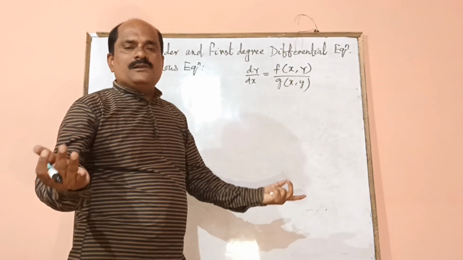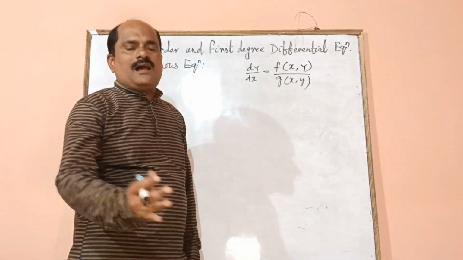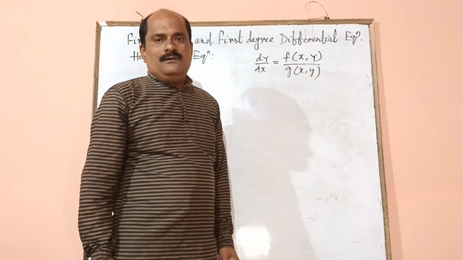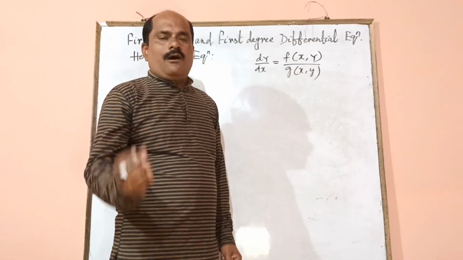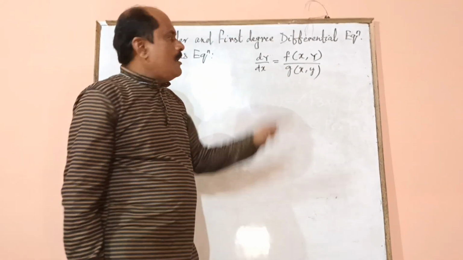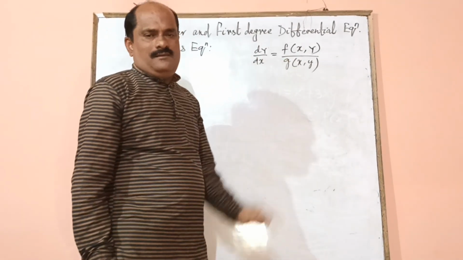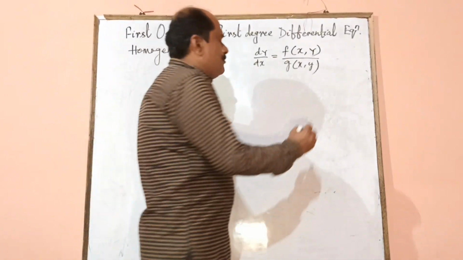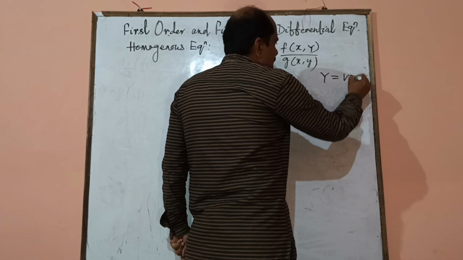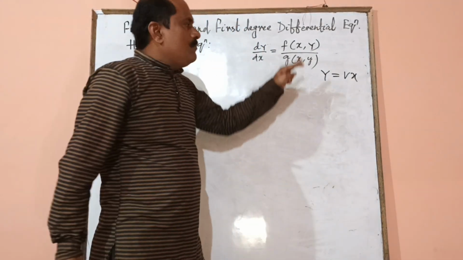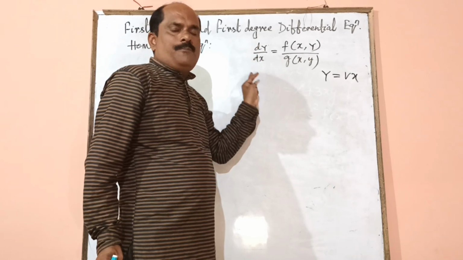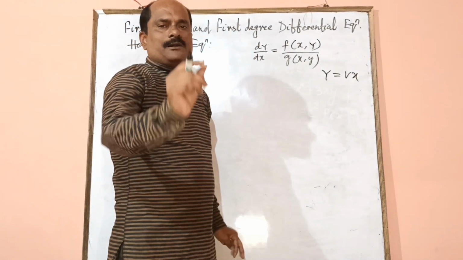How to solve a homogeneous equation? In the previous class we studied how to solve by the variable separable method. Today we learn how to solve a homogeneous equation. To solve a homogeneous equation, we put y is equal to vx. By putting y is equal to vx, we find the value of dy by dx.